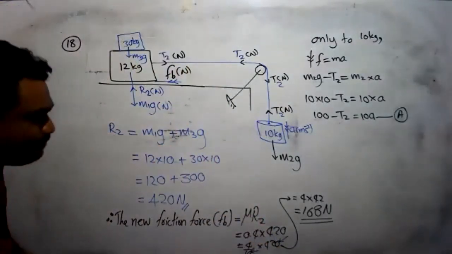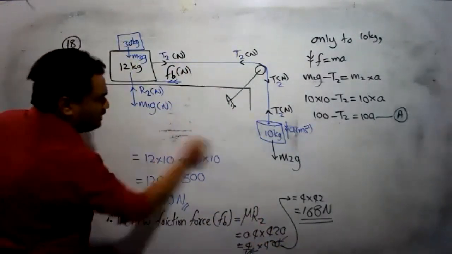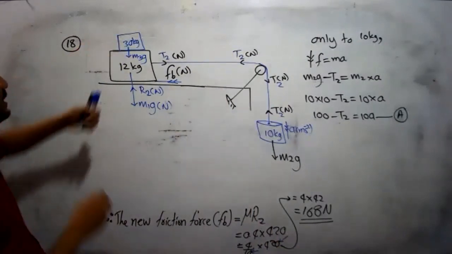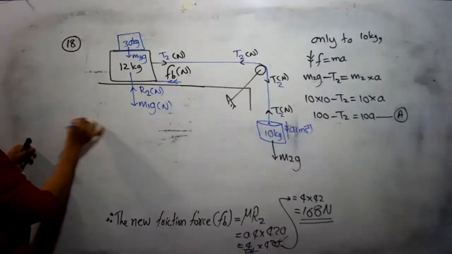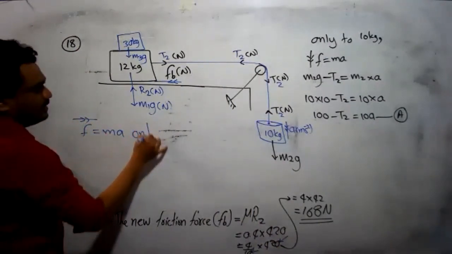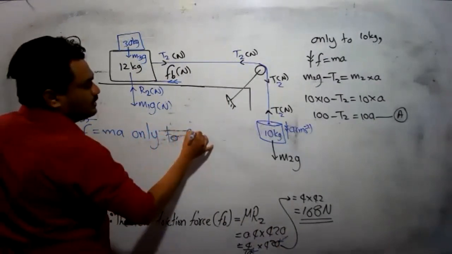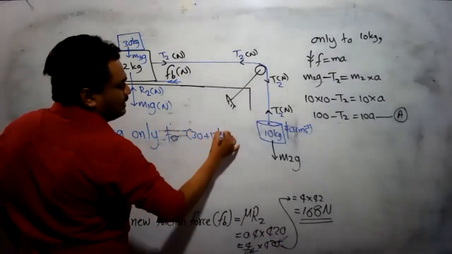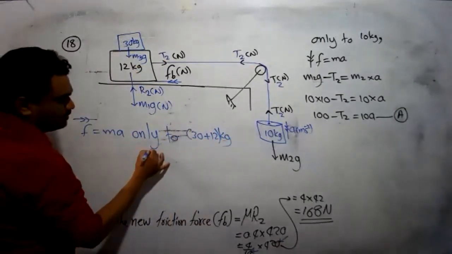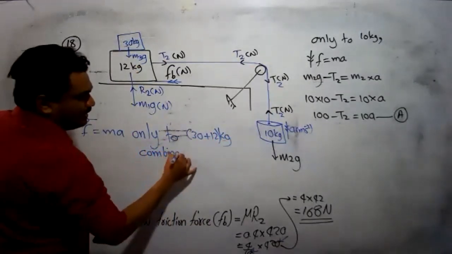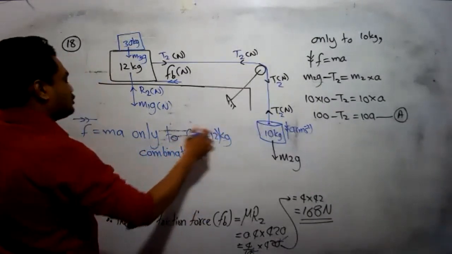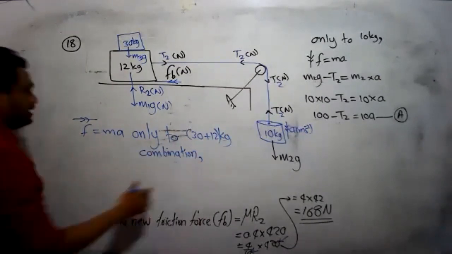Right. So let me apply F equals MA to the 12 plus 30 kg combination, in this direction.